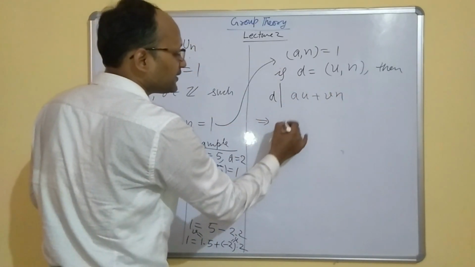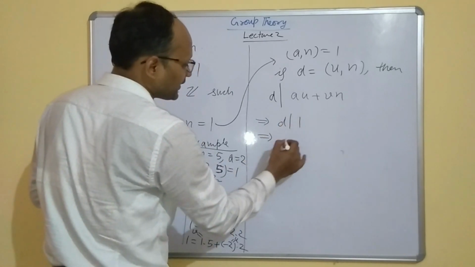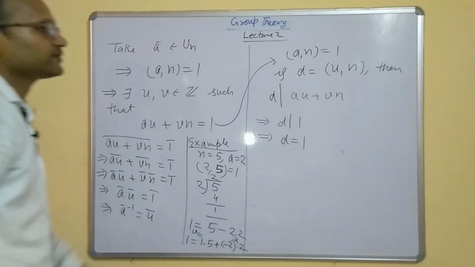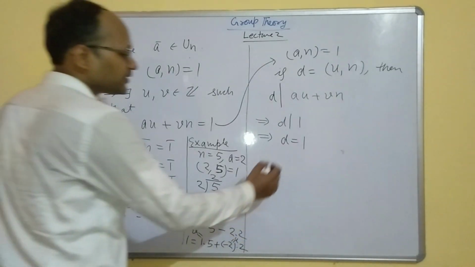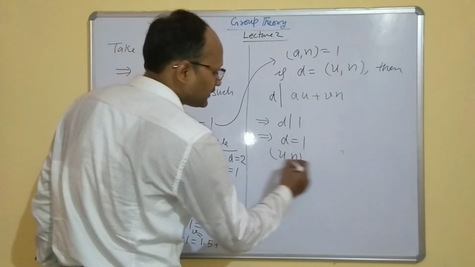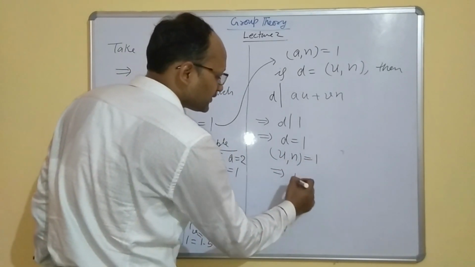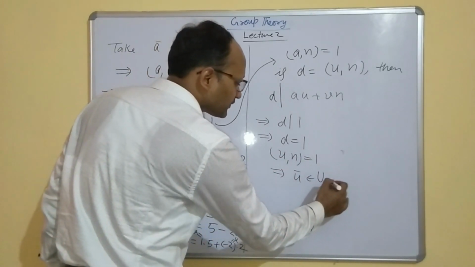So this implies d divides 1, so this implies d has to be 1. So it means the GCD between u and n is also 1, so this implies u bar belongs to Un.